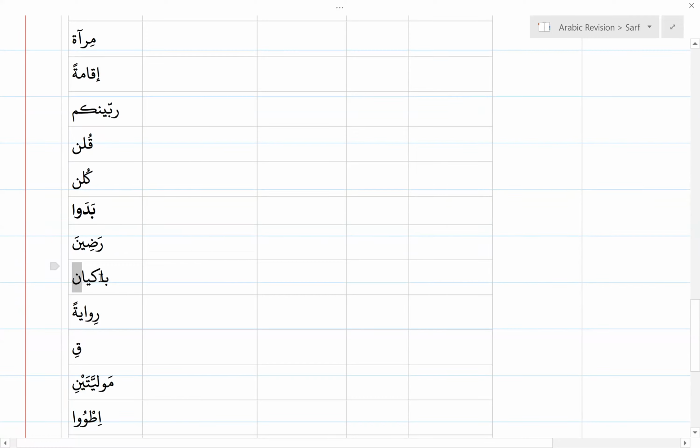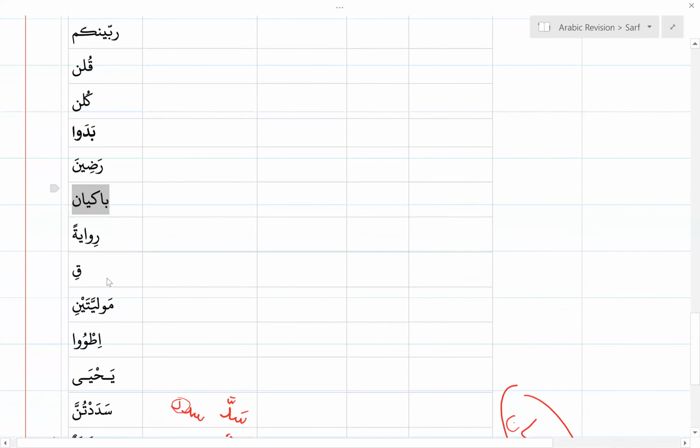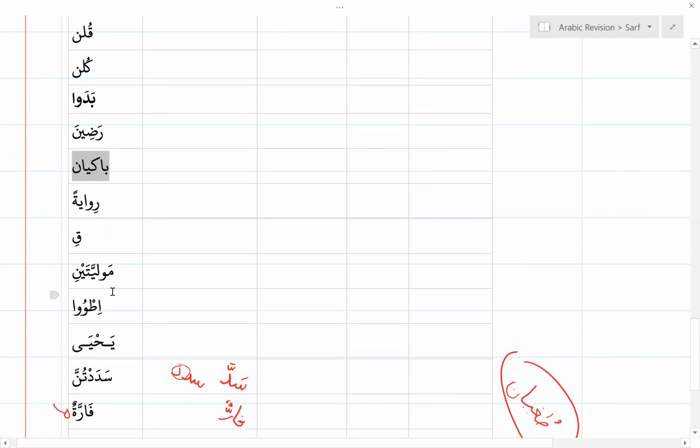Let's look at this one. This is going to be interesting. Mawlayatayn. Okay, do you see any attachments? Aini. So what is aini? Is it an attachment or is it a version? Version. Yes. So we ask, is it dual? Is it plural? Plural. So we get rid of that.